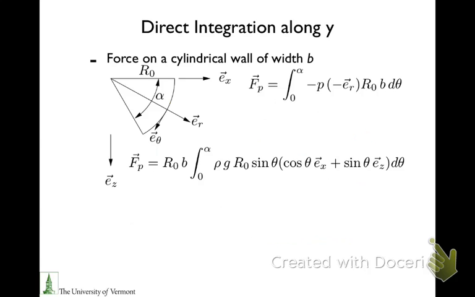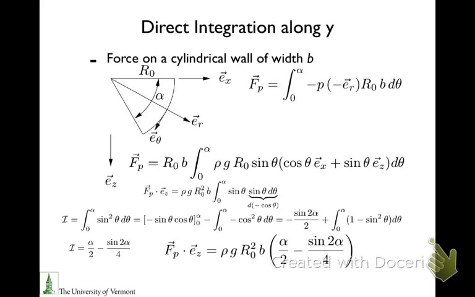Now direct integration along y is a little bit more complicated. Now we have rho g r0 sine theta times sine theta e_z. For that, we need a little trick: sine squared theta is sine theta times sine theta d theta, and we recognize that sine theta d theta is the differential of minus cos theta.